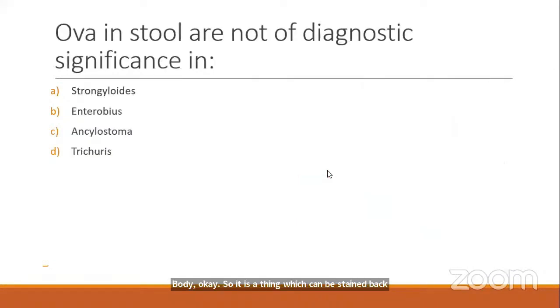Okay. So coming to the next question, ova in stool are not of diagnostic significance in which of the pathogens? Any idea? Not Ancylostoma or this thing. It is Strongyloides. Yes, you are right.